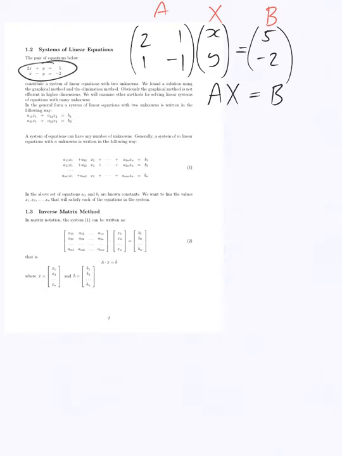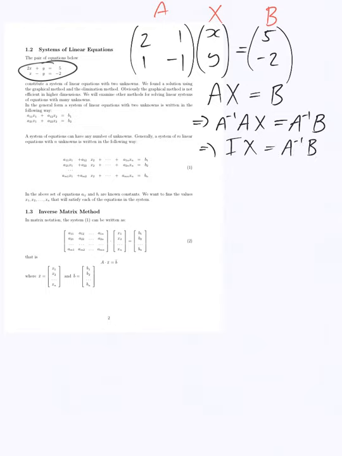Now, if I could find the inverse of A, I could multiply both sides of that equation by the inverse of A. That implies A inverse times A times x is equal to A inverse times b. That's if the inverse of A exists. So A inverse times A is just the identity matrix. So that's equal to this.